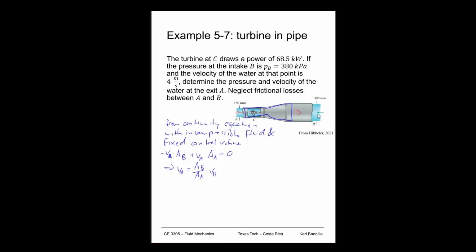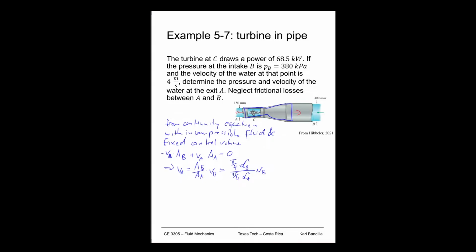VB. Now these are all circular pipes, so we can say that is pi over 4 times dB squared divided by pi over 4 times dA squared. That's my AB over AA. And let's not forget our VB, which of course is a given, 4 meters per second.